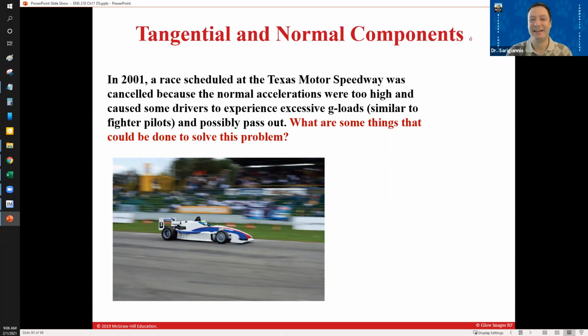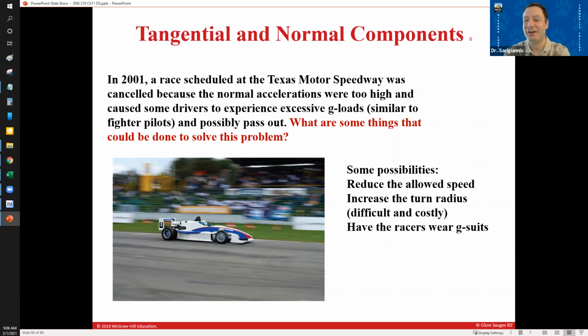Any ideas? Remember, normal force. What does the normal force depend on? Yeah, I don't even know if there are answers on this slide. Oh, yeah. So reduce the allowed speed, right? Increase the turn radius.